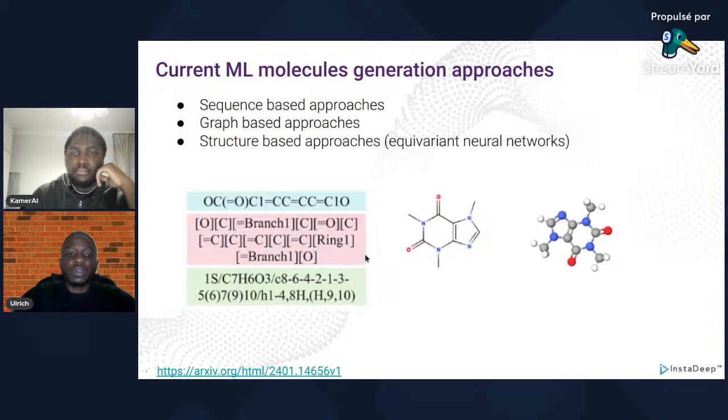So for this work, we decided to go with the sequence-based approach for a few reasons. There are a lot of studies about transformer models and sequence-based models at the moment, and also there's a broad amount of data for this. That was the motivation for going with this approach.